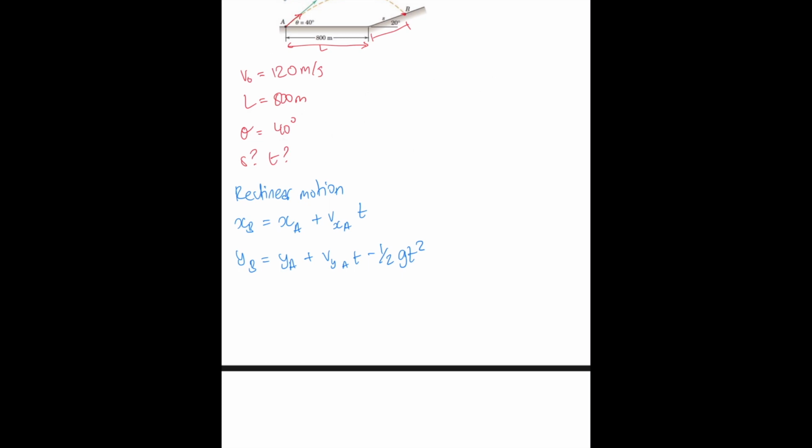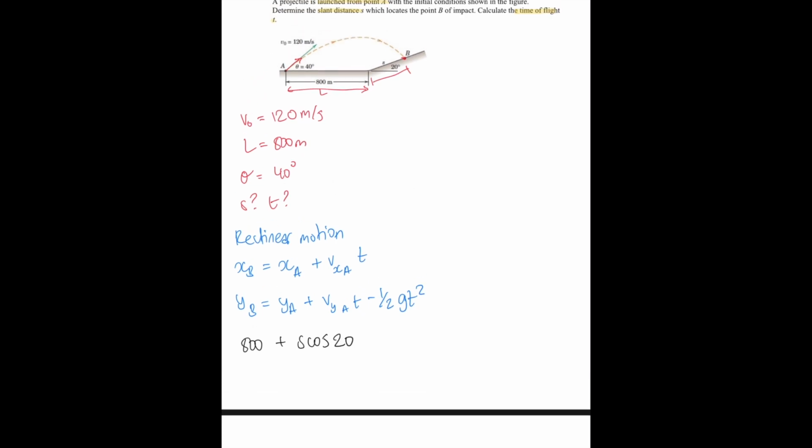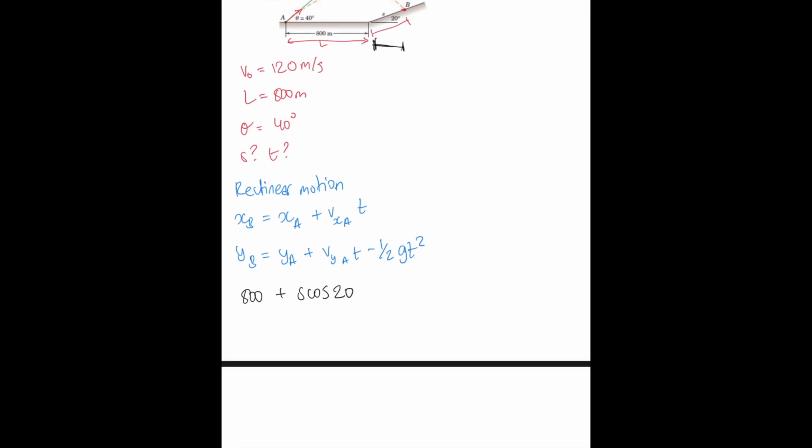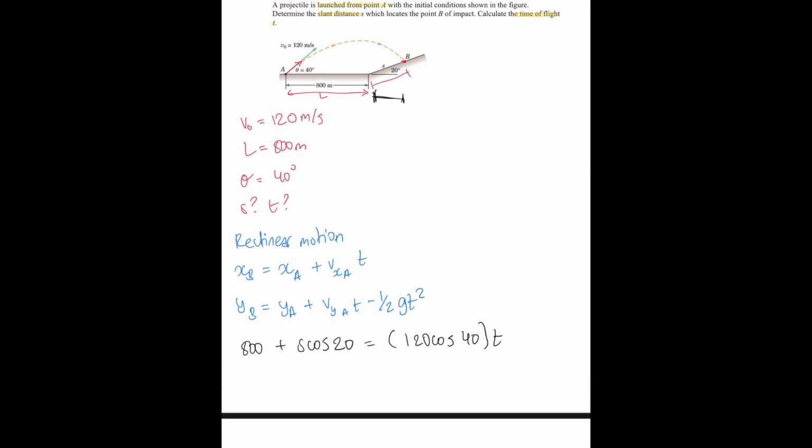First of all, for x, it's going to be 800 plus s cosine 20, because we want to find the horizontal distance, is going to be equal to 120 cosine 40 t. So we want the vx to be in the x direction.